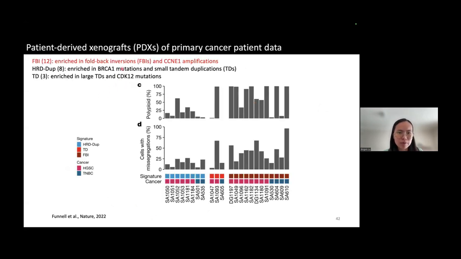For the patient-derived xenograft data, they are grouped into different signature groups. One is enriched in fold-back inversions and chromosynthesis amplifications, and for this group, the SVs may mostly be caused by non-homologous end joining. And there are also two other groups which are enriched in small tandem duplications or large tandem duplications.